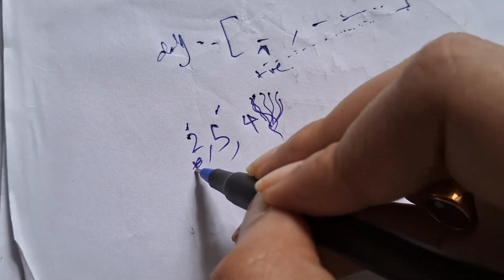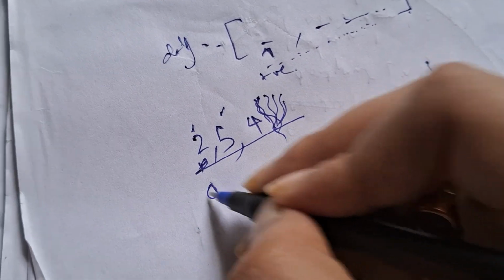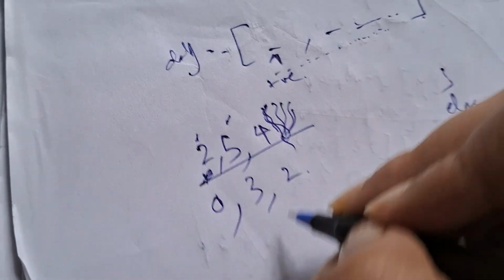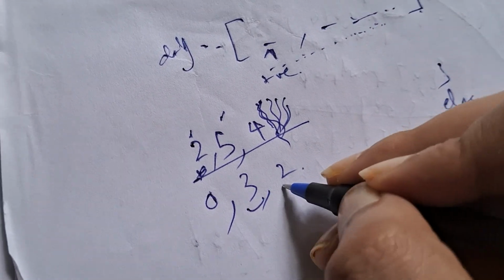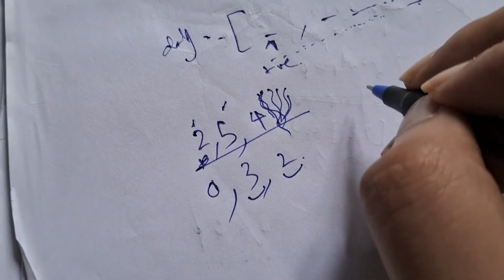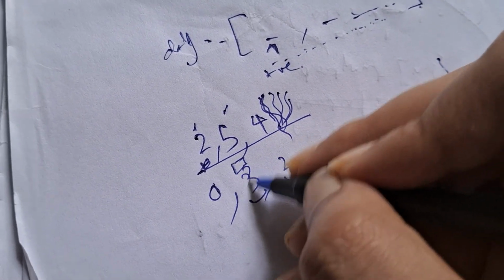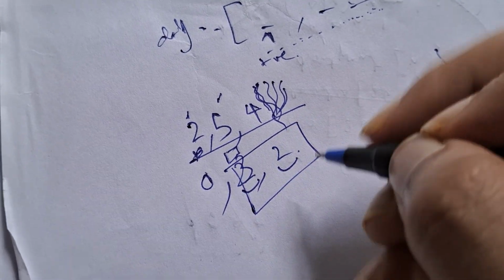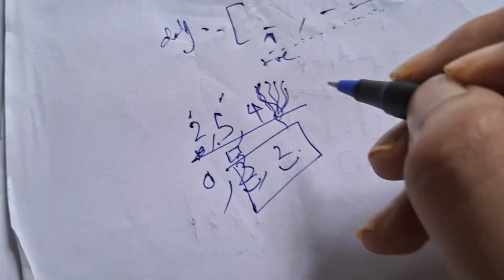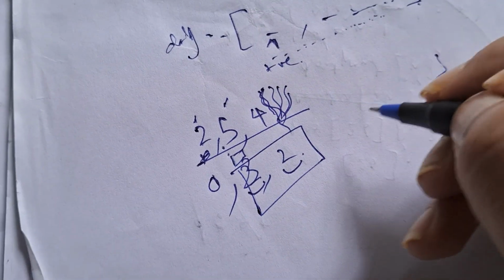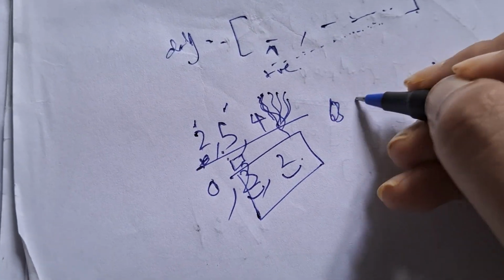If you are going to apply 2 on all the elements, it becomes 0, 3 and 2. And then if you apply 3 on this and 2 on this, which you can do obviously, because you're going to apply one operation over here and the remaining 2 over here. So 2 plus 1, that is 3, plus 2, that is 5. Total in 5 operations you're doing the whole thing.